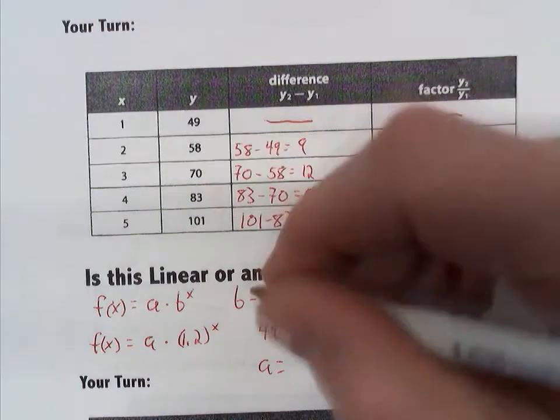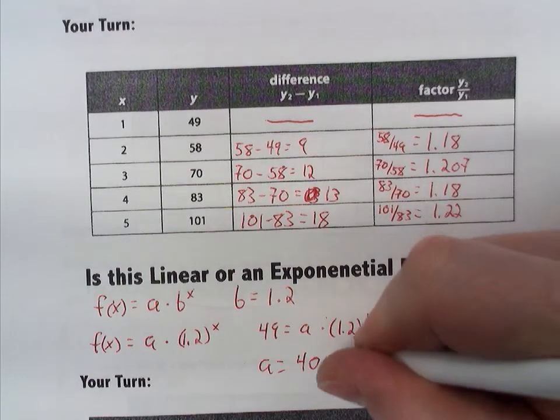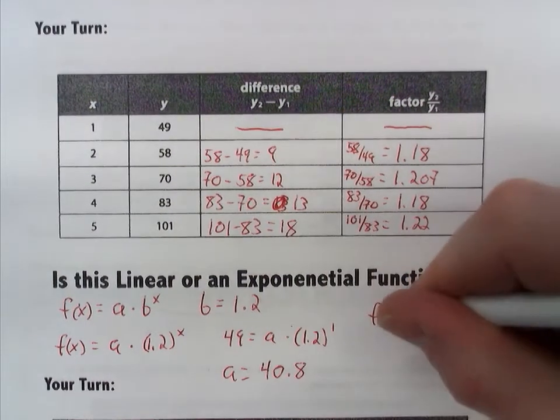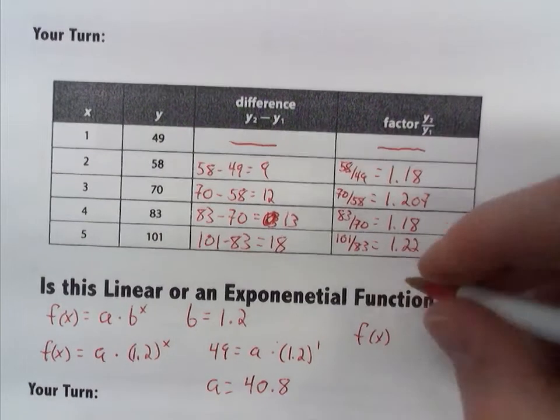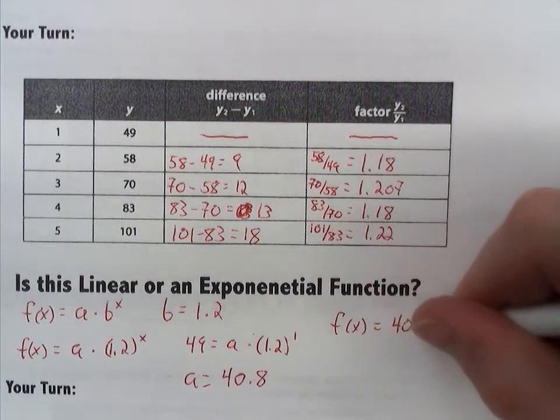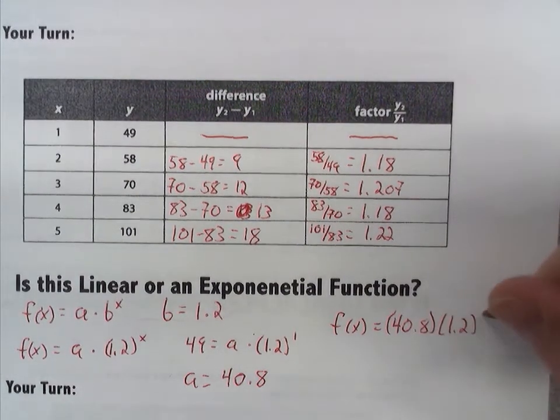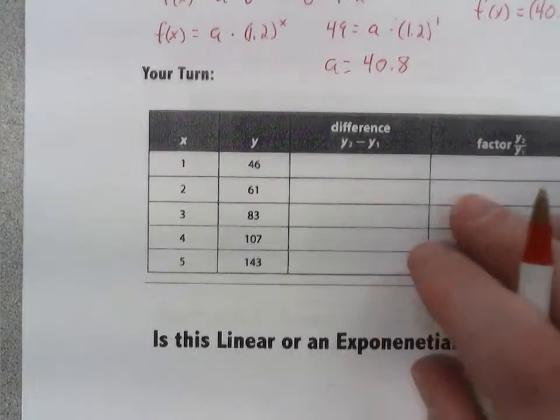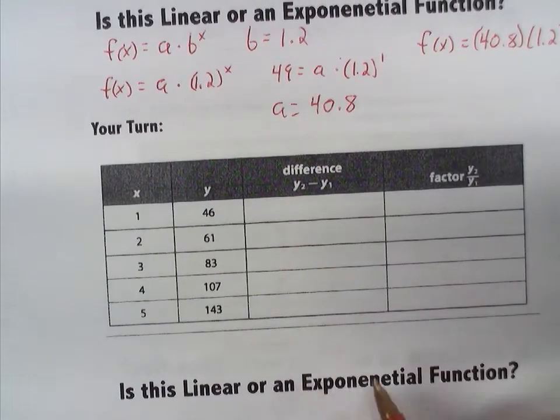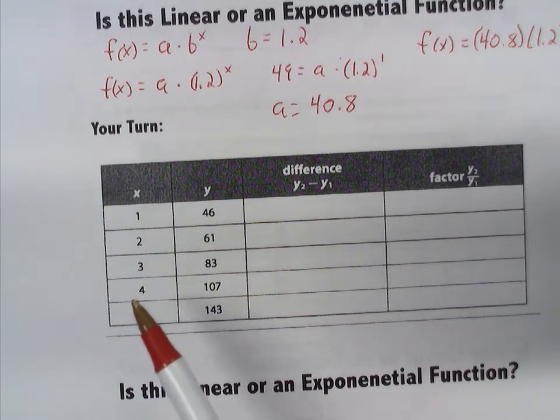We get about 40.8. So then our overall function is f of x equals 40.8 times 1.2 to the x power. We can do the same thing down here. For this one, it's your turn, so pause the video real quick and then come back and do it.